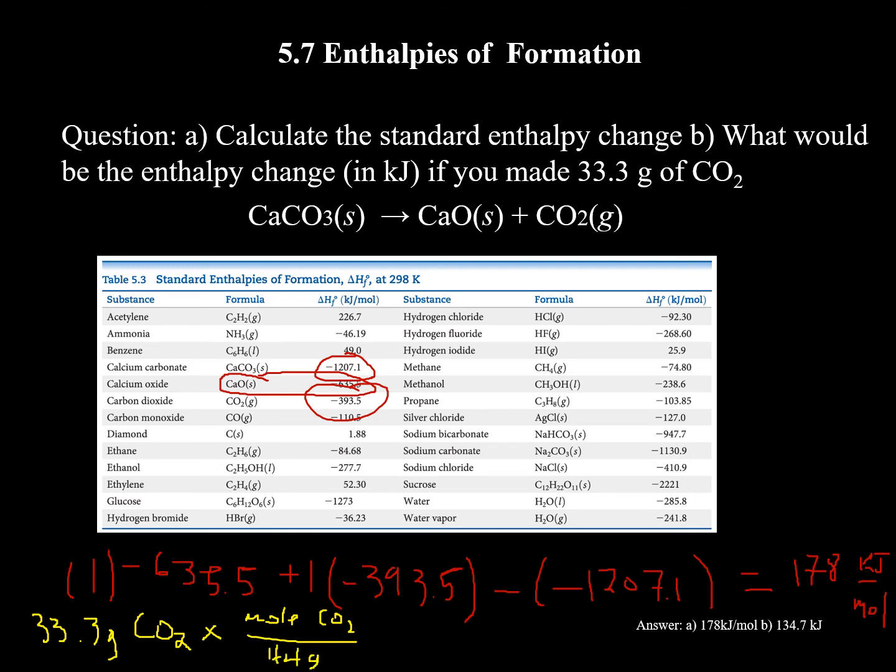We got this from the periodic table. CO2 molar mass is 44 grams. This comes out to 0.756 moles of CO2. And then we multiply by 178 kilojoules per mole. The moles will cancel, and we're left with 134.6 kilojoules.